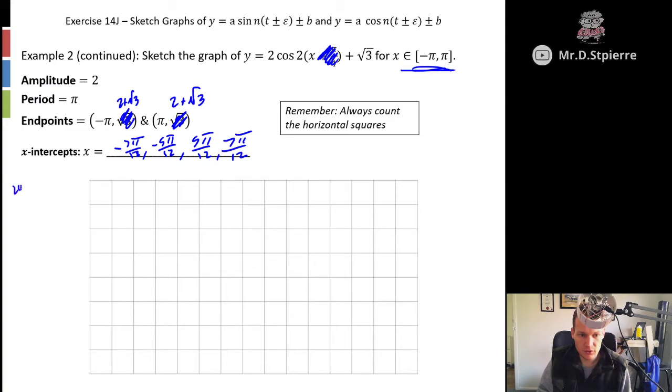We had one block equal to pi on 12, we need 24, but we can't do that, so let's let one block equal pi on 6. Plus root 3, so it's translated up again.